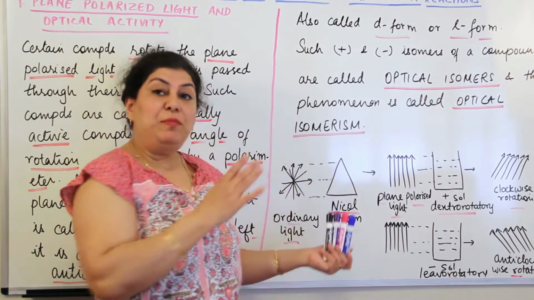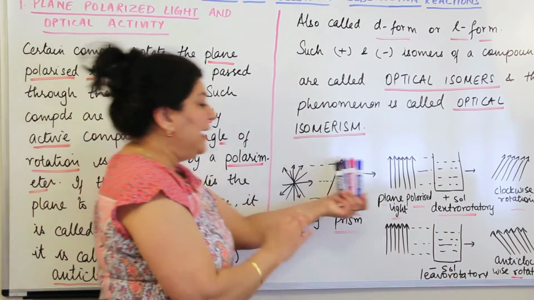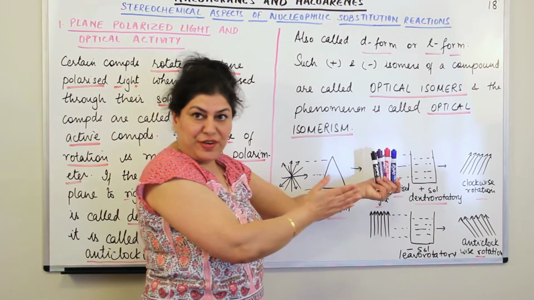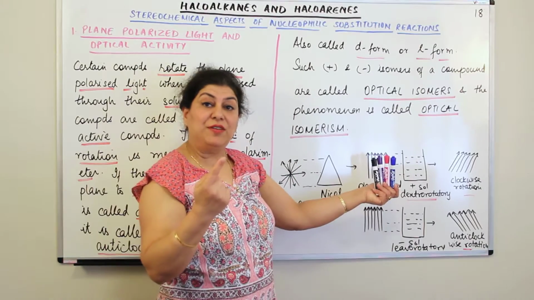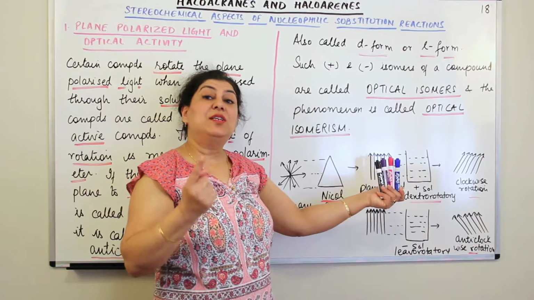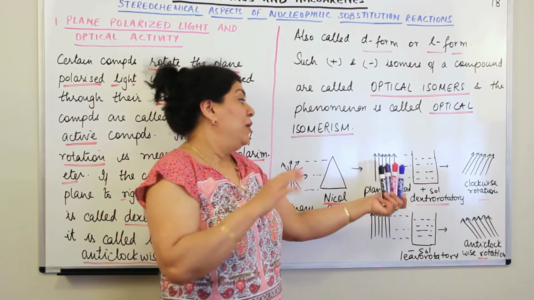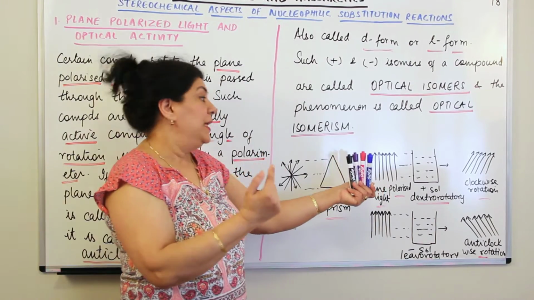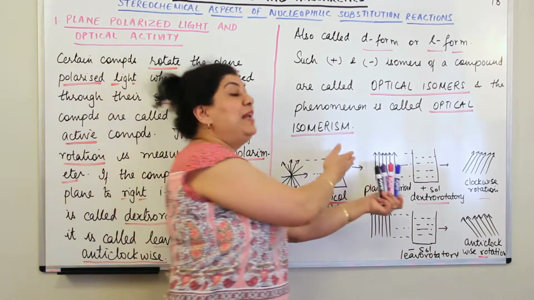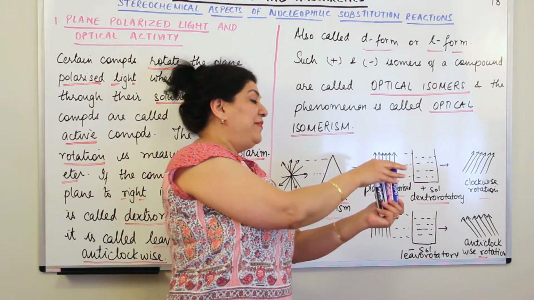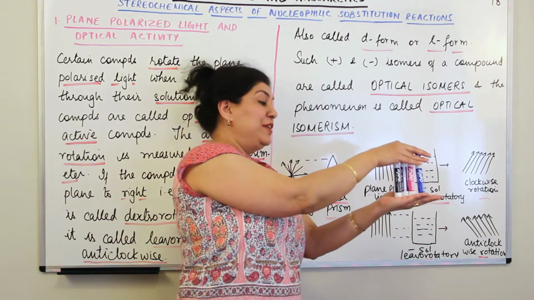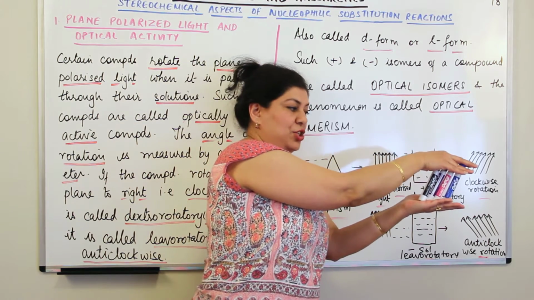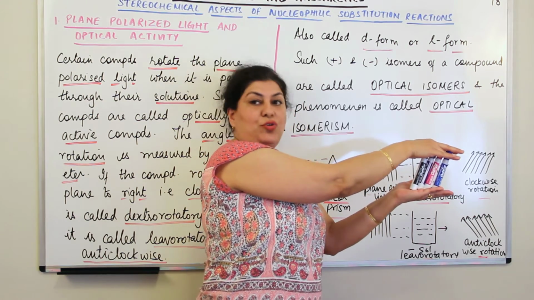So what is plane polarized light? It is when the different rays of light align themselves in one direction. And what is optical activity? Optical activity is the property of a compound whose solution affects the plane of polarized light. If it rotates it to the right direction, we say it is dextrorotatory.